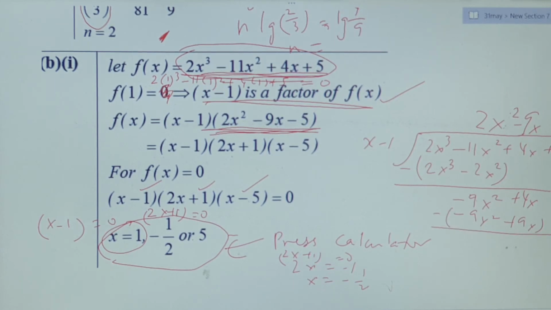Then you minus off, you will get minus 5x plus 5. Then minus 5 times this, you get minus 5x. Minus 5 times this, you get plus 5. So it's 0, which is rightly so, because this is a factor, so the remainder must be 0. That's how you get this. Must know this, must get full marks for this.